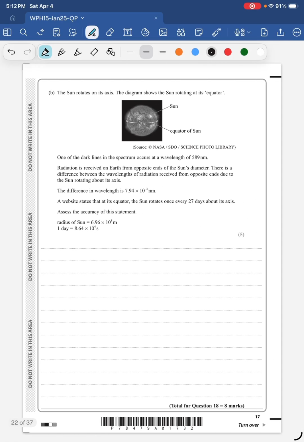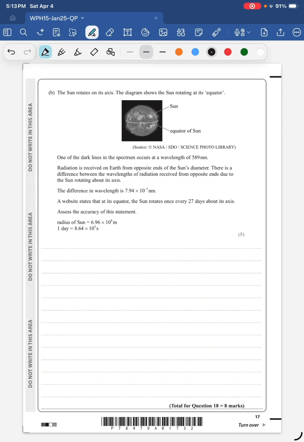Okay, moving on to question B. The sun rotates on its axis. The diagram shows the sun rotating at its equator. One of the dark lines in the spectrum occurs at a wavelength of 589 nanometers. Radiation is received on Earth from opposite ends of the sun's diameter.